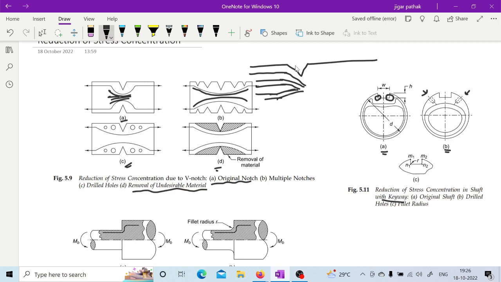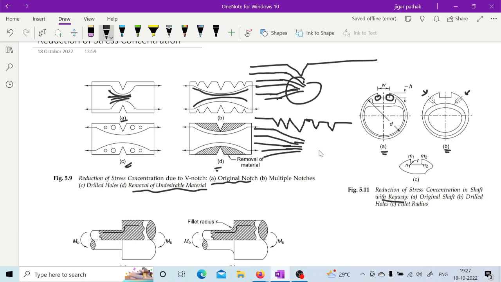Now instead of this, if various notches are already present like this, in that case the stress line will start deviating from here only, and it will have a more uniform distribution in comparison to the earlier one. Are you getting?